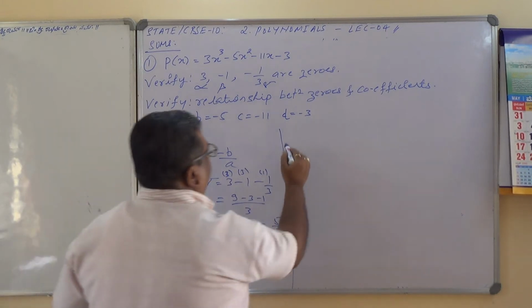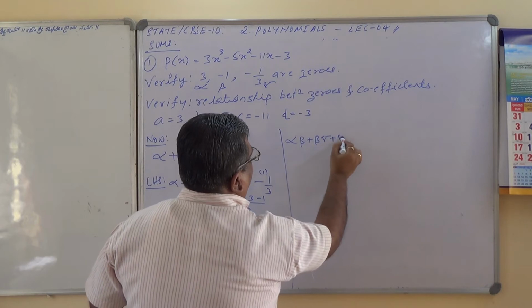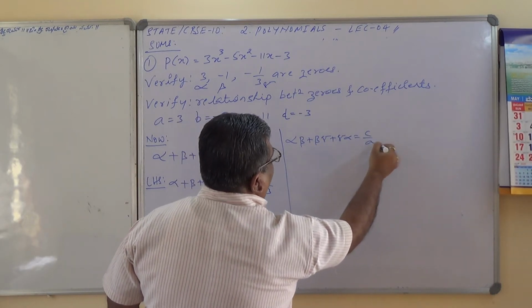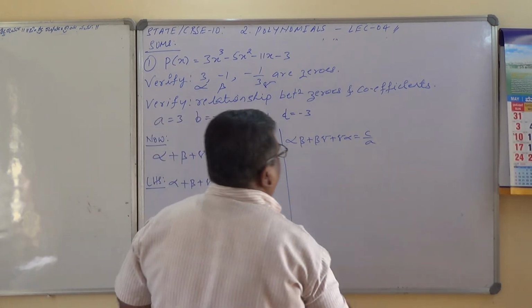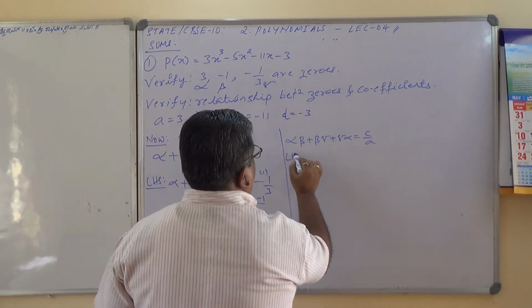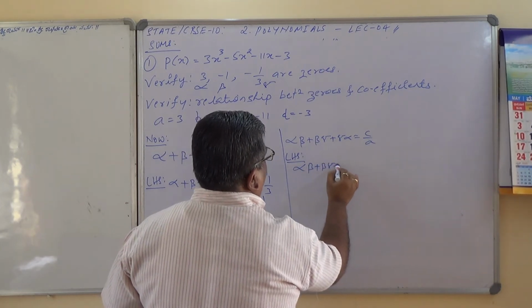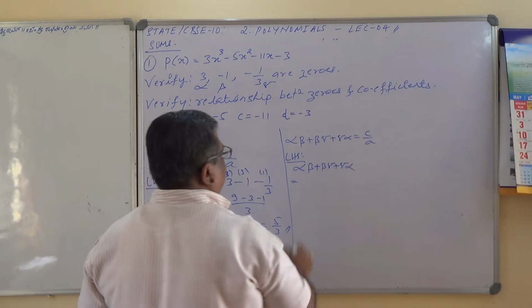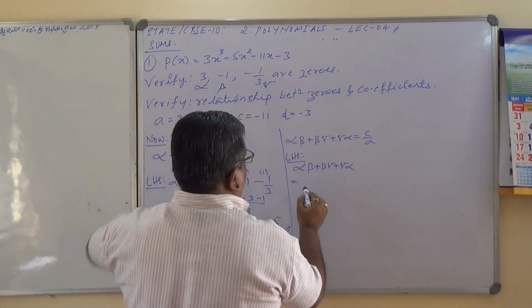Next part, alpha beta plus beta gamma plus gamma alpha equals c by a. So LHS: alpha beta plus beta gamma plus gamma alpha equals, what is alpha here? 3 into minus 1.